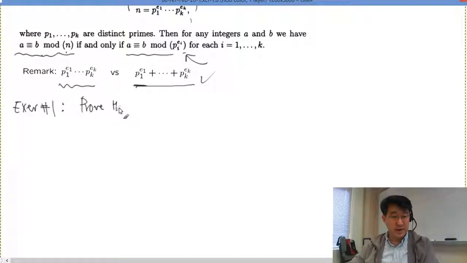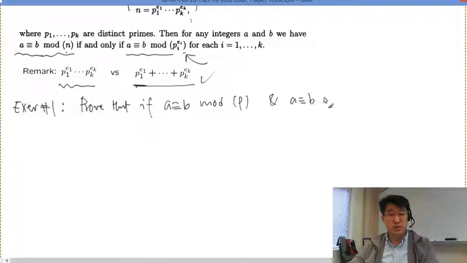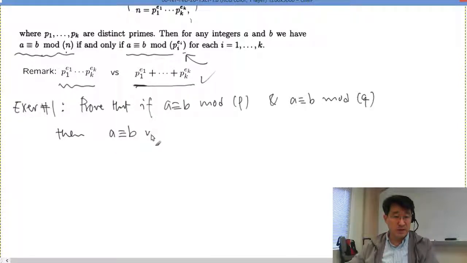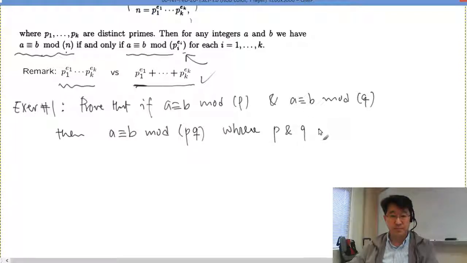Prove that if a is congruent to b mod p and a is congruent to b mod q, I'm following their notation, then we want to show a is congruent to b mod what? p times q, right? What condition do I want to put? p and q are distinct primes, or coprime. Distinct primes.